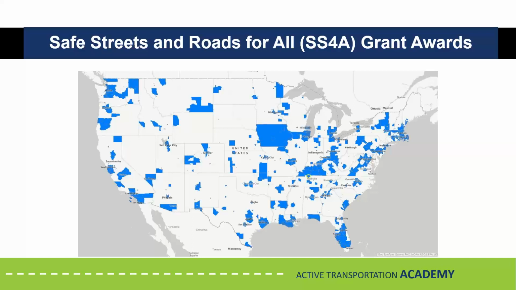Safe Streets and Roads for All funding is also available to implement components of your Vision Zero action plan. These are dollars to help communities carry out projects and strategies identified in their safety action plans and Vision Zero plans. In the next section of this presentation, as we explore the core elements for Vision Zero communities, I'll mention items on the Safe Streets and Roads for All self-certification checklist that you'll want to include in your Vision Zero action plan to be eligible if you want to apply for implementation grant funding through the Safe Streets and Roads for All program.